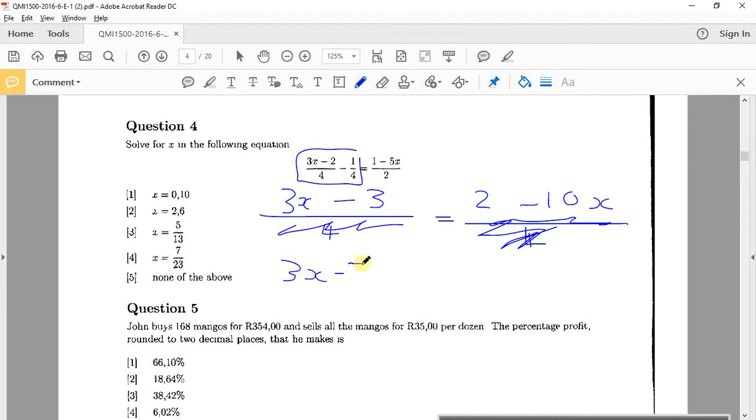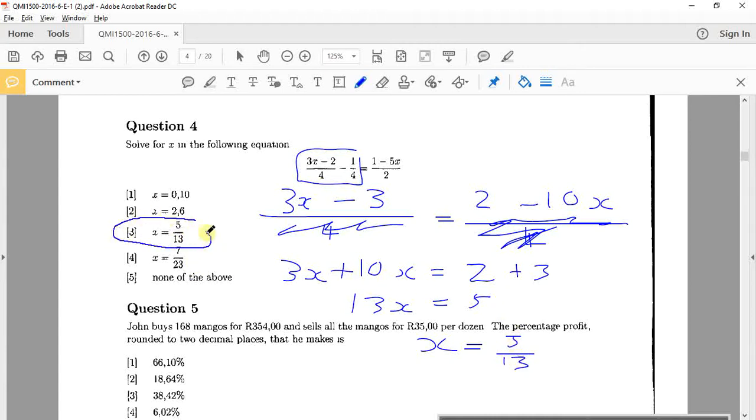So 3x minus 3 minus 2 plus 10x equals 0. Actually, let's take that across. You can automatically take the x's to one side. So plus 10x equals 2 plus 3. So that's 13x equals 5. X equals 5 over 13.